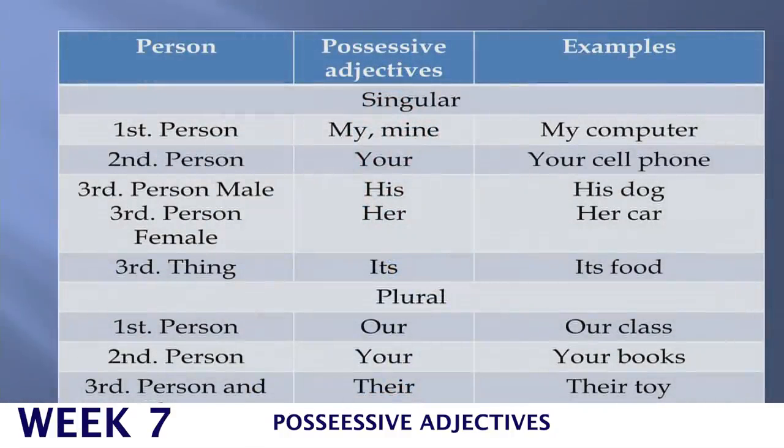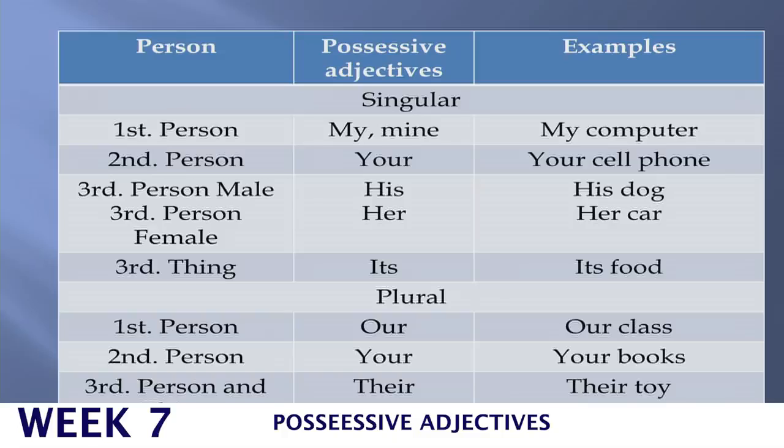Let's see the following chart. Our pronoun would be the first person, and I would say, for example, my computer. In the second person, I would say your cell phone. In the third person male, his dog. In the third person female, her car.